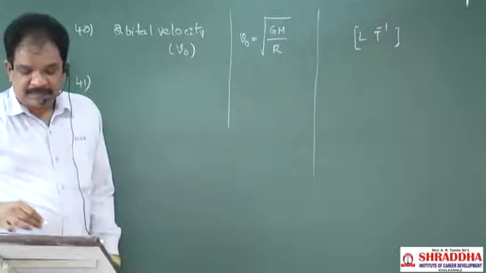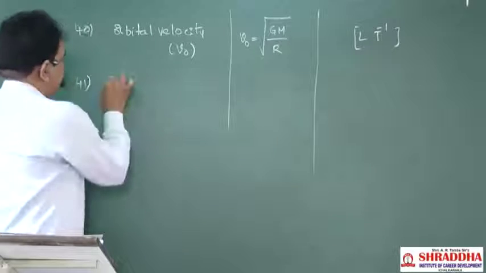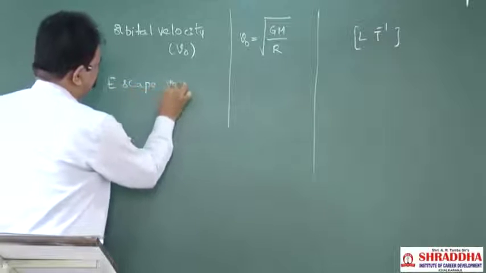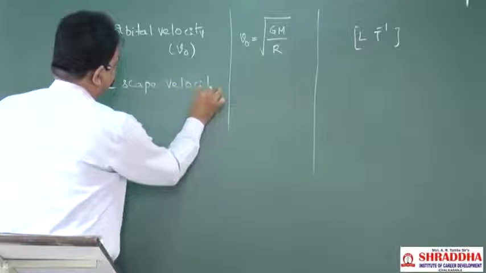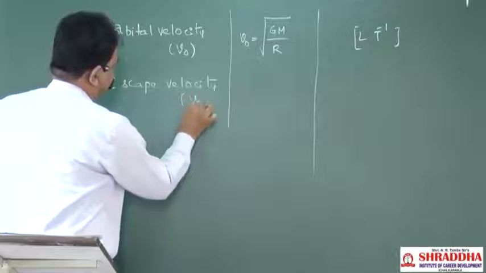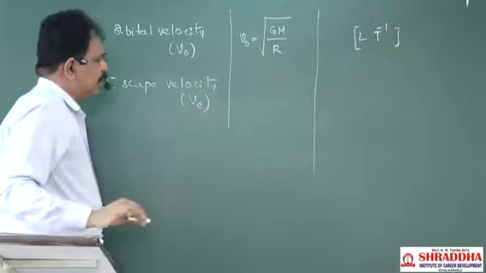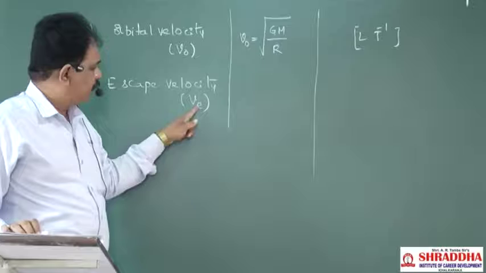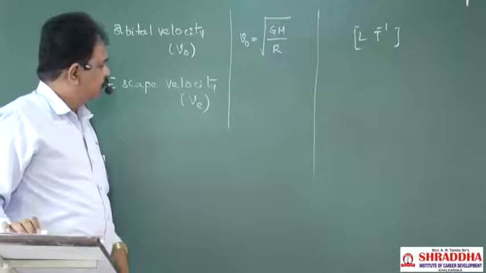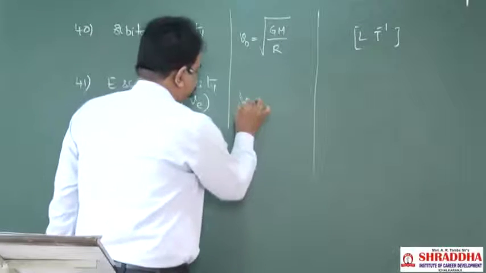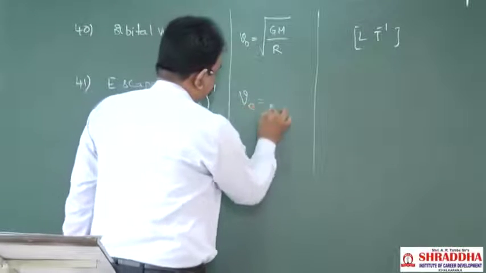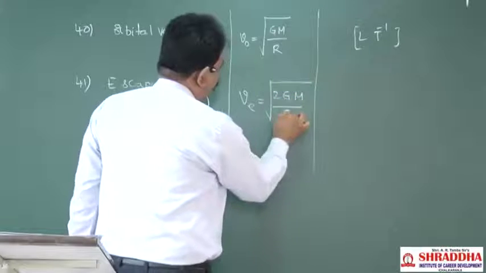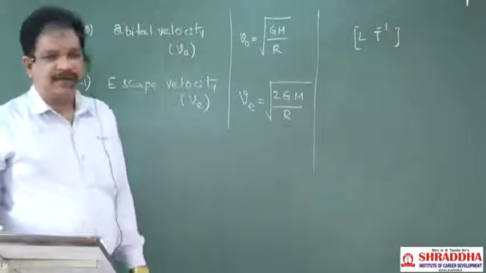After orbital velocity, next, escape velocity. This is indicated by the letter VE. So VE is equal to square root of 2GM by r.